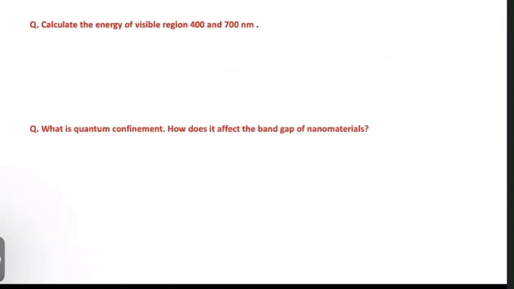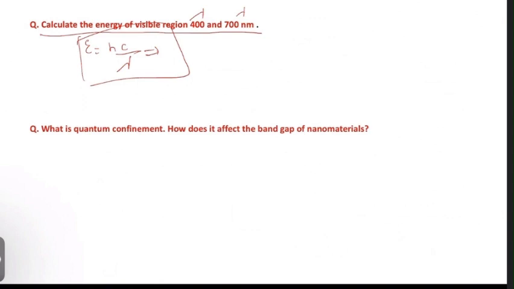Now it is a numerical based question. Calculate the energy of the visible region. Lambda is given to you and you have to calculate the energy. You can use this formula, E equals h into c by lambda. You know the value of h, 6.626 into 10 raised to minus 34 joule second, since hertz can be written as per second.